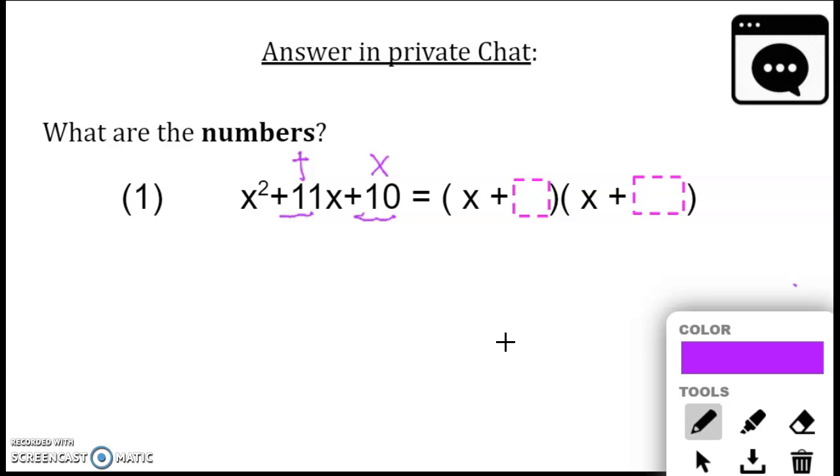Well, what are the factors of 10 that I can think of? Well, that could be 1 times 10, or negative 1 times negative 10. That's not going to add to positive 11. Yeah, if it was positive 1 and positive 10, 1 plus 10 is going to be positive 11, and 1 times 10 is going to be 10.